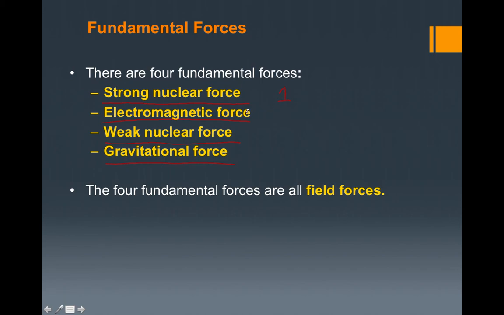So if this is 1, our electromagnetic force is going to be 1 over 100. So your electromagnetic force is 100 times weaker than your strong nuclear force.